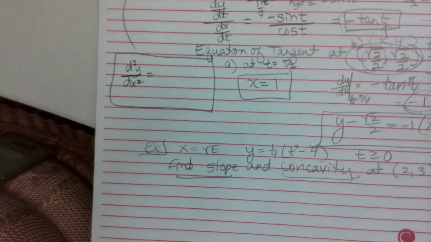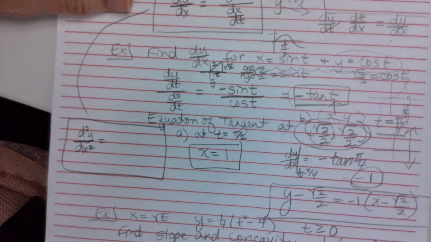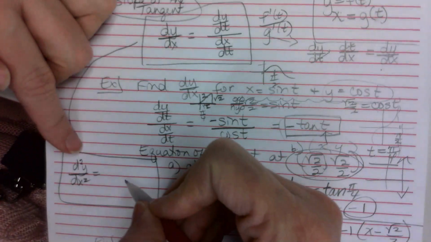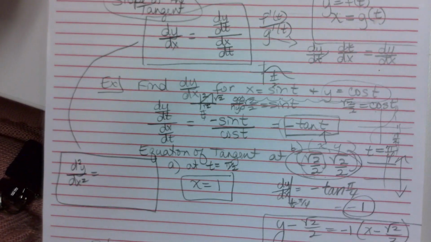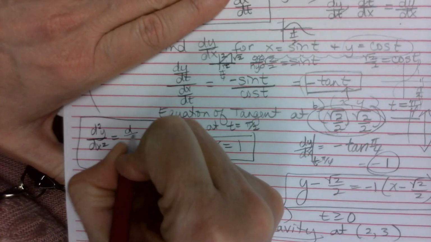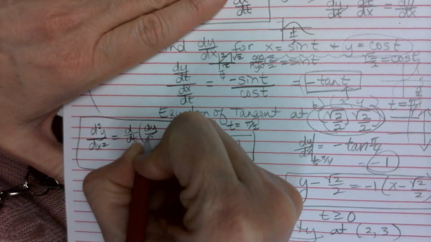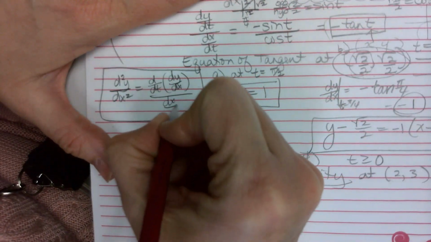The proof of this one to me is not so easy, but all we do, my gut would tell me, just take the derivative of the first derivative and be done, right? But that is not all. You take the derivative with respect to t of the first derivative, but then we have to divide it by another dx/dt.